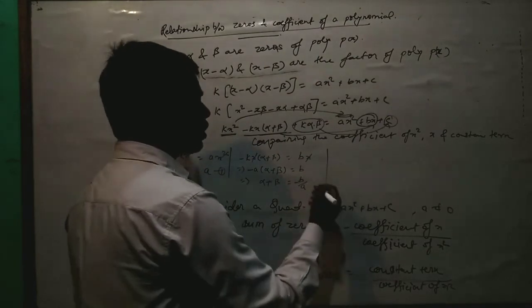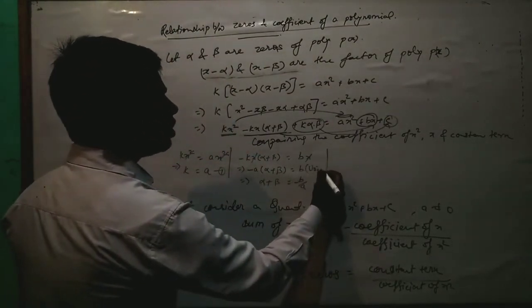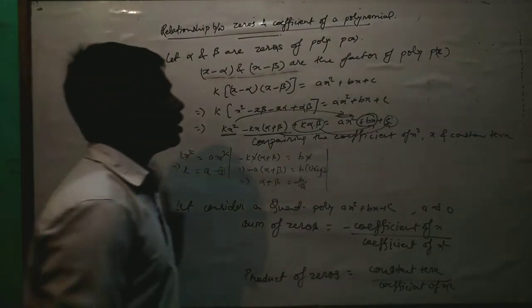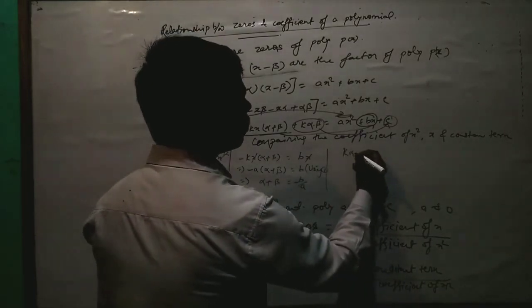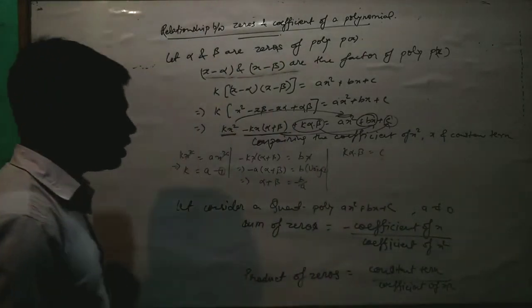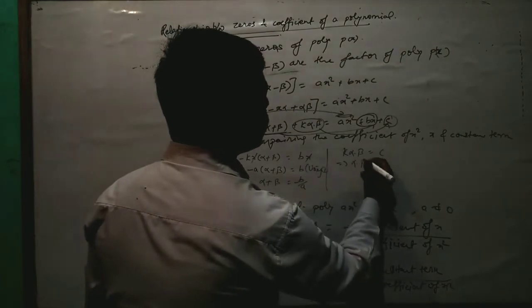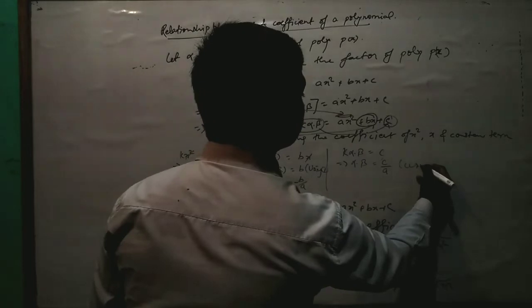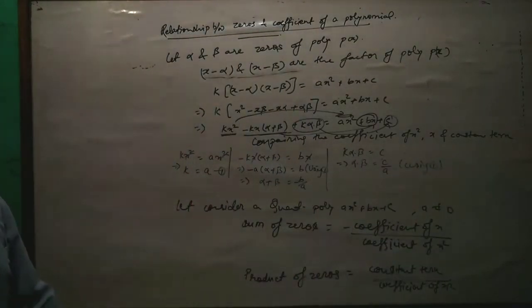Again, k alpha beta is equal to c, so alpha into beta is equal to c by a, using k is equal to a.